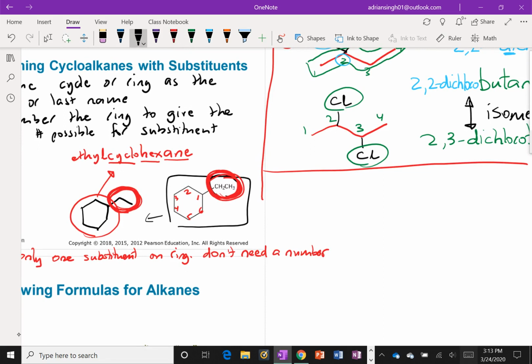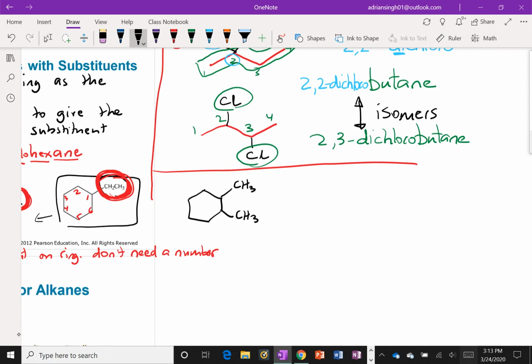So for example, if you had the same ring, cyclohexane, and then we had 2 of these methyl groups attached to it. All right, so this is going to have the same last name. So this is a cyclohexane. That's our ring structure, cyclohexane.